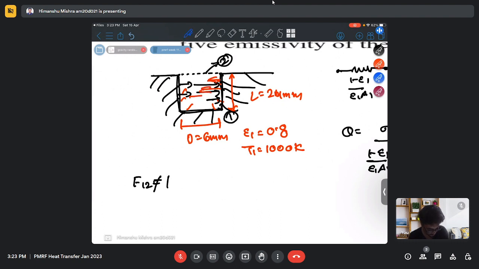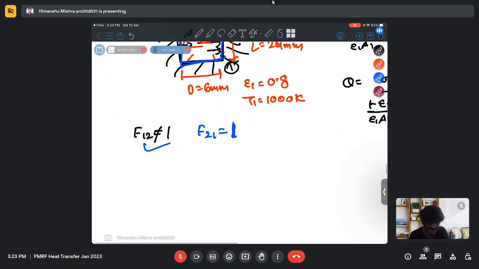But from inspection we can say that whatever radiation comes from surface 2, all of it will definitely land on surface 1. So my F21 equals 1, but my F12 is not equal to 1. So we can use the reciprocity theorem to calculate the F12.